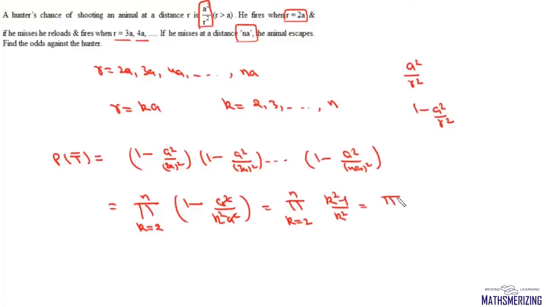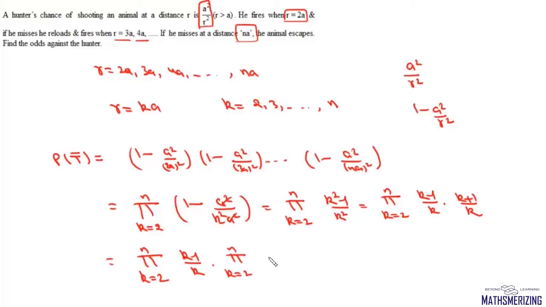Now we can write this as k minus 1 upon k into k plus 1 upon k. So we'll split this product in two parts: the product k from 2 to n, k minus 1 upon k, into the product k from 2 to n, k plus 1 upon k.